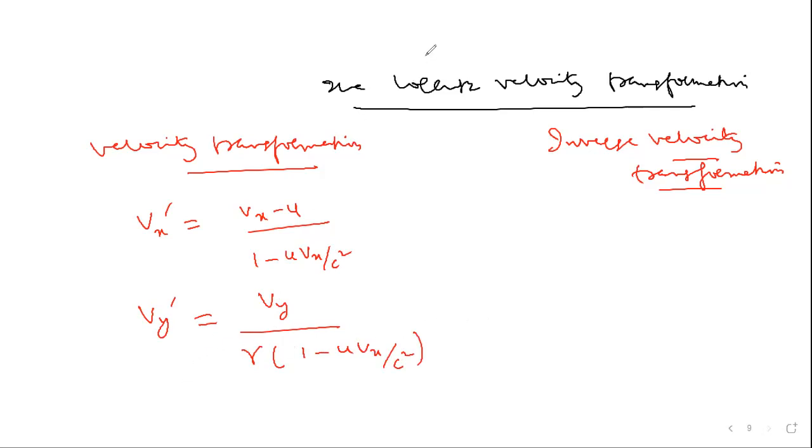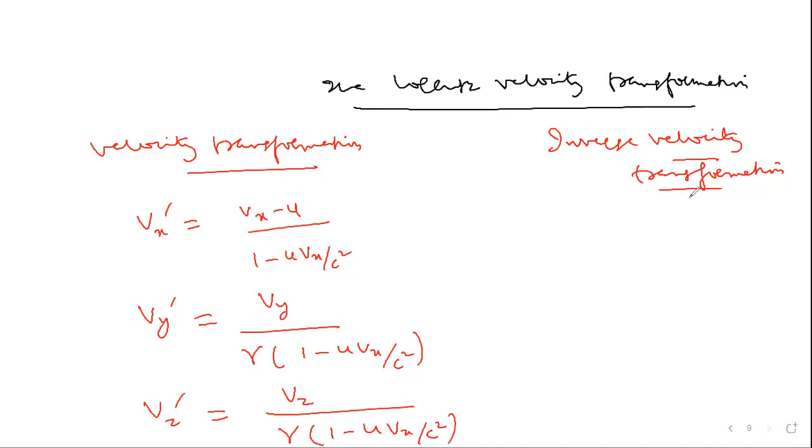And we have Vz prime is Vz over gamma times 1 minus u Vx by c square.